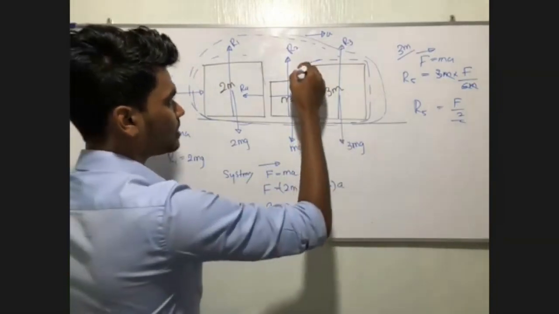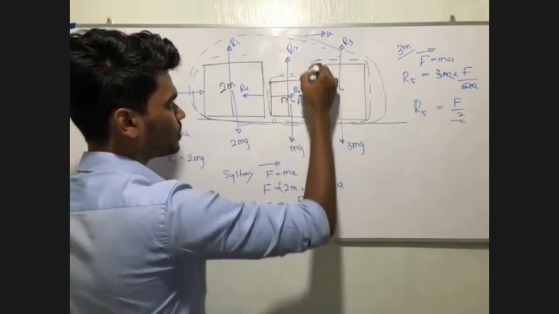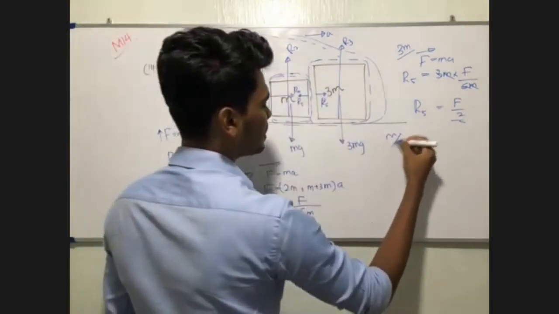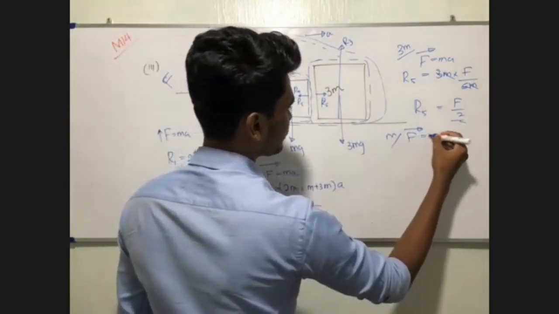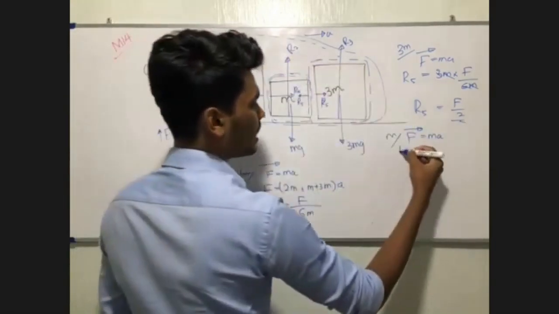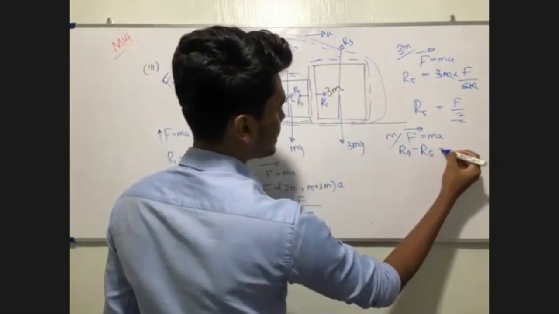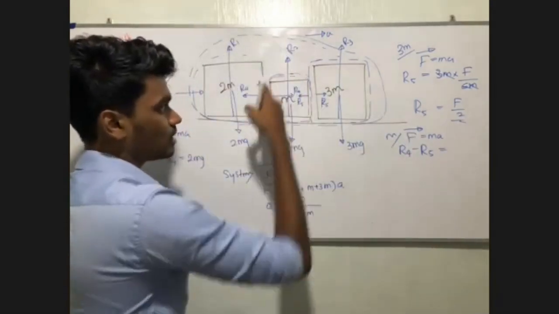Next, consider only the simple m and apply F equals ma. What is the forward force? R4. What is the backward force? Minus R5. Is there any other horizontal force acting on m?